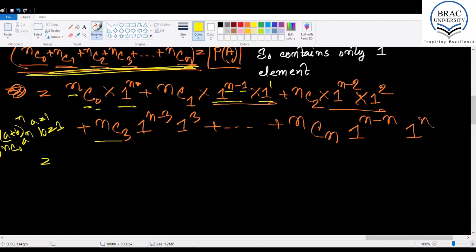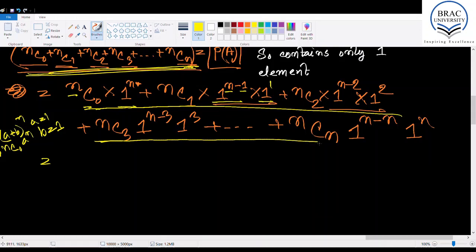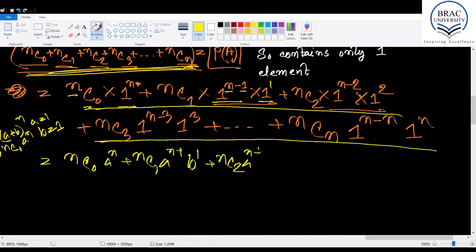So this is expressed in the form of binomial expansion, where a equals 1, b equals 1. NC0 a to the power n, NC1 a to the power n minus 1 b to the power 1, NC2 a to the power n minus 2 b to the power 2. If we continue this way, NCn b to the power n.